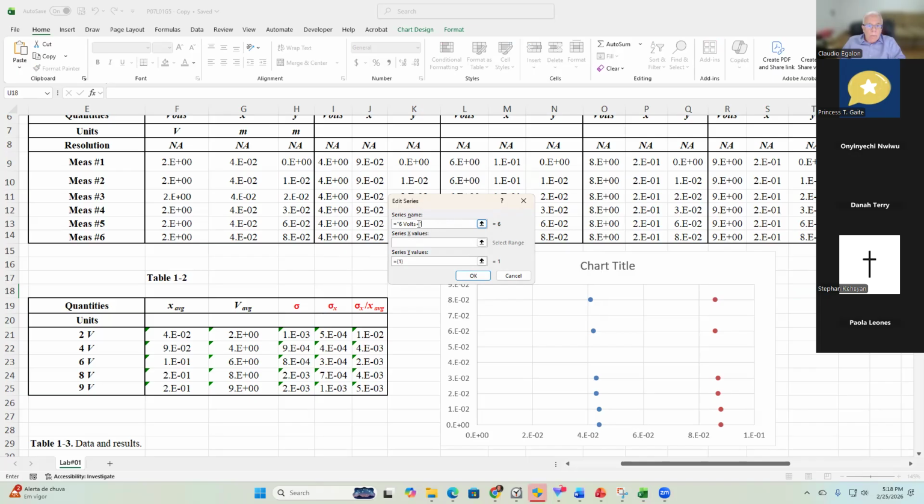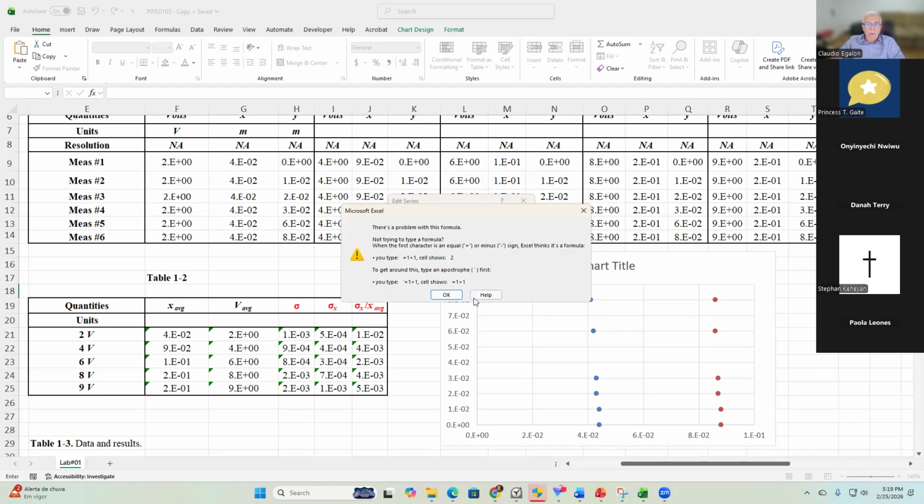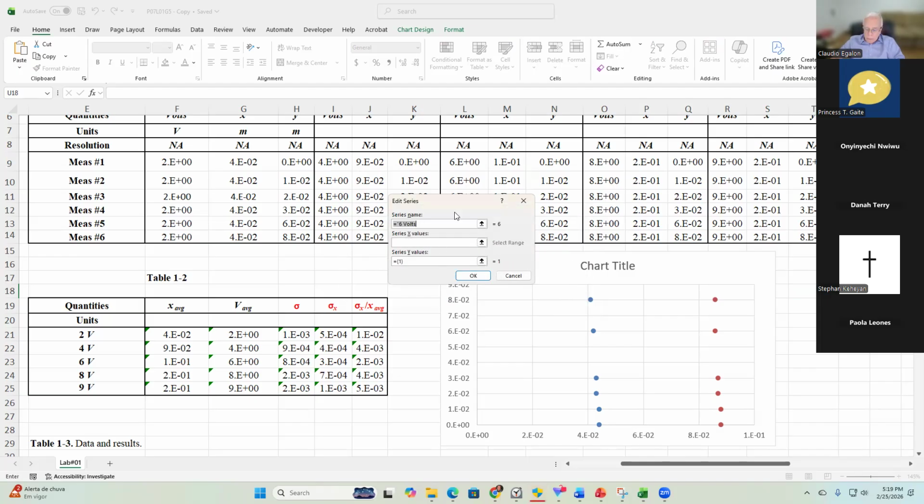Be careful with the arrows. Okay, leave like that. Highlight the X value. Oh, what happened here? Let me do it all over again. Series name 6 volts, right?